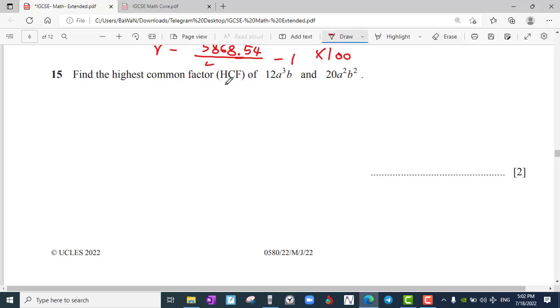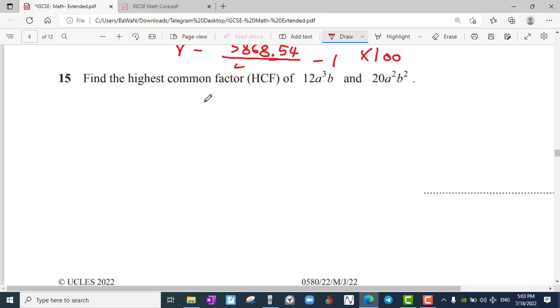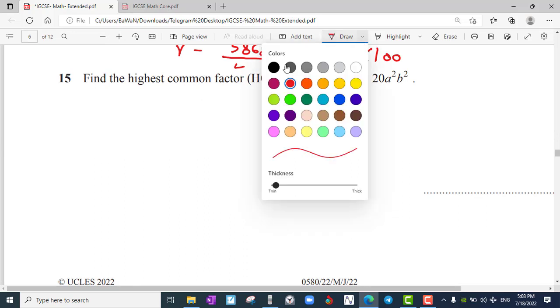Find the highest common factor of 12a cubed b and 20a squared b squared. Okay, let's break down the steps. Firstly, we work on the numbers.